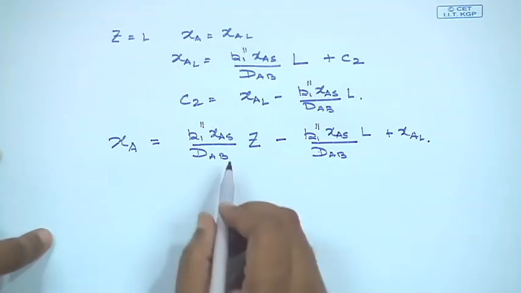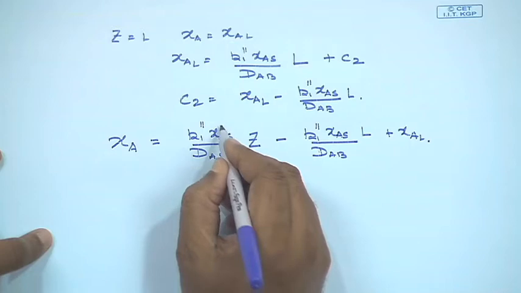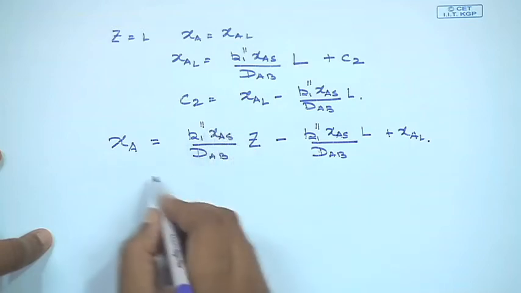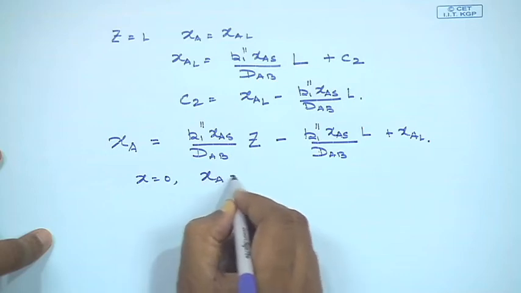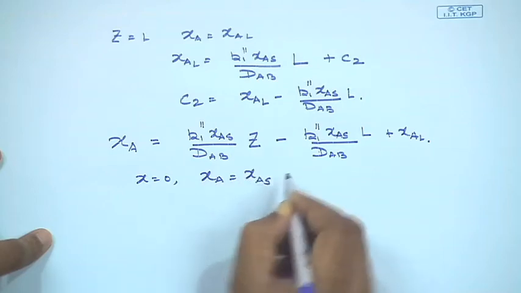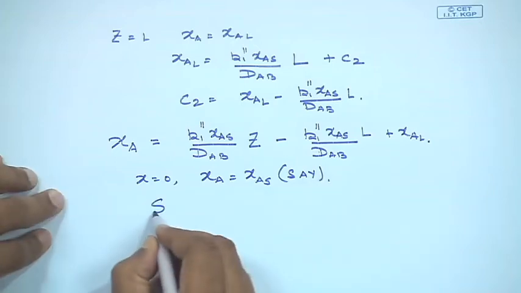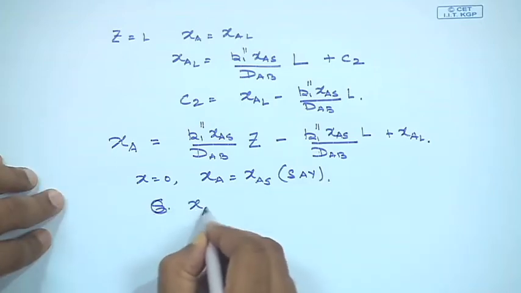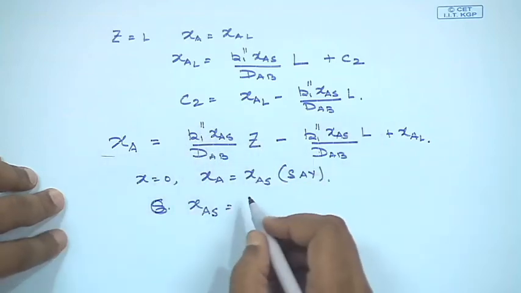So, we have written over here that this XAS is still unknown, because we have said that at x equals 0, XA is simply equal to XAS. We have assumed it to be XAS. So, an expression for XAS can then be obtained from here.